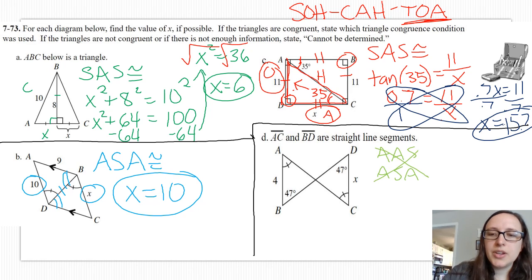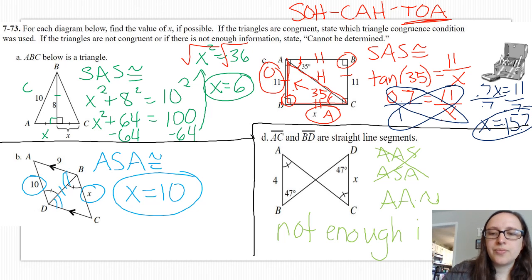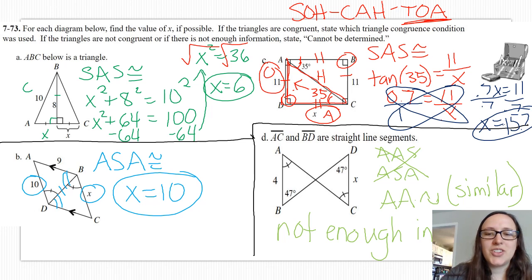So this one is just angle, angle, and that's for similarity, not for congruence. So this one doesn't have enough information. We cannot solve for x. Okay, so we don't have enough information to know if it is a similar triangle or a congruent triangle.